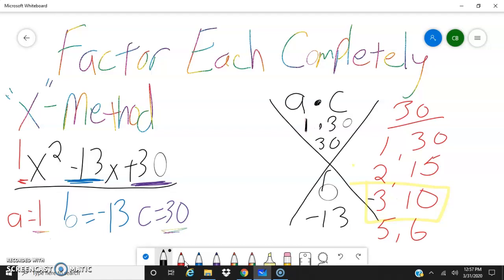So we're going to pick that set of factors, 3 and 10, and both signs need to be negative. A negative 3 and a negative 10 equal whatever b is down here at the bottom, negative 13.